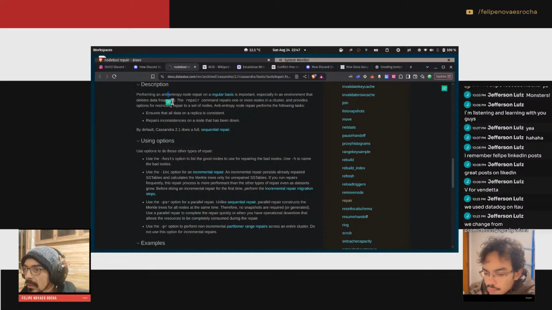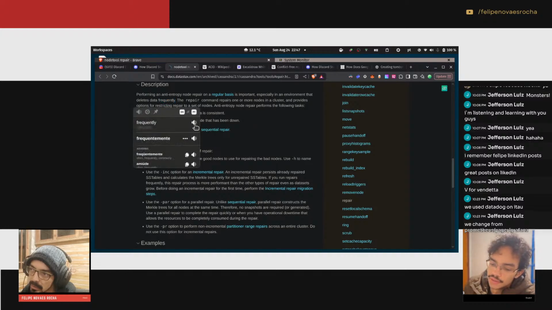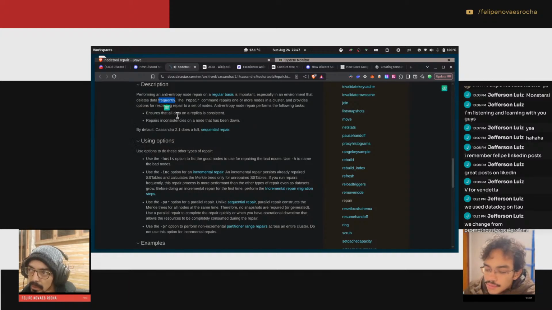Performing an anti-entropy node repair on a regular basis is important, especially in environments that delete data frequently. The repair command repairs one or more nodes in the cluster and provides options for restricting repairs to a set of nodes.